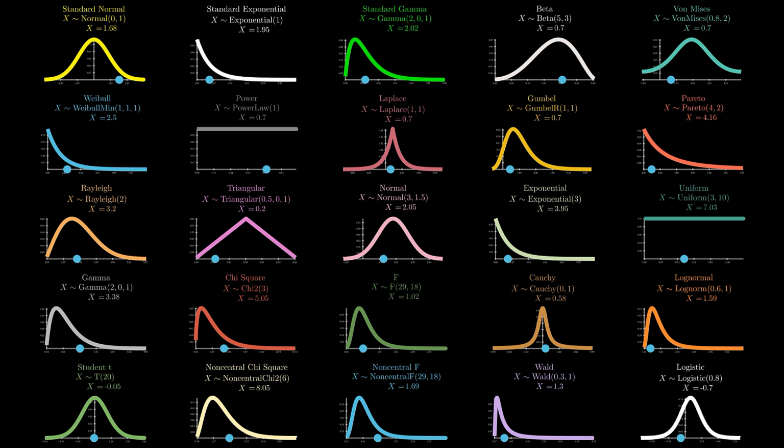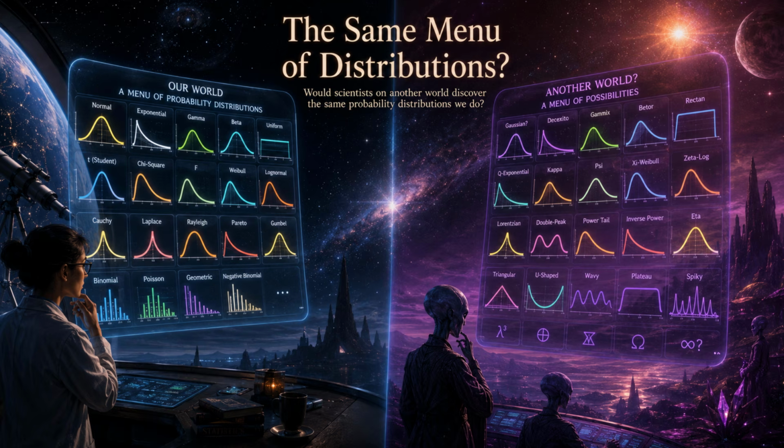In other words, assume there's life on some planet around a different star somewhere. The question is, are the life forms performing science on that planet over there, looking at a similar menu of distributions as the one we're looking at?